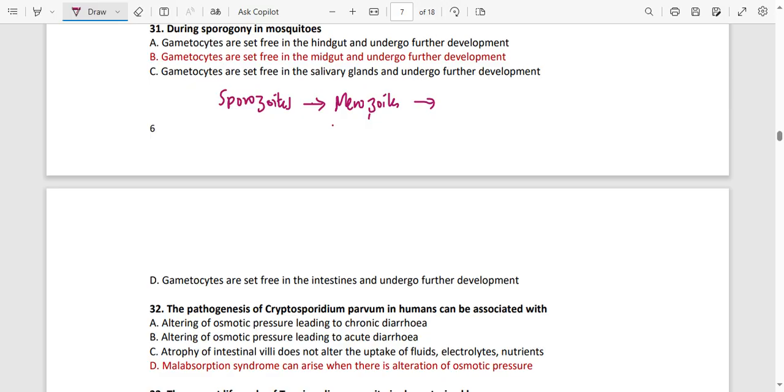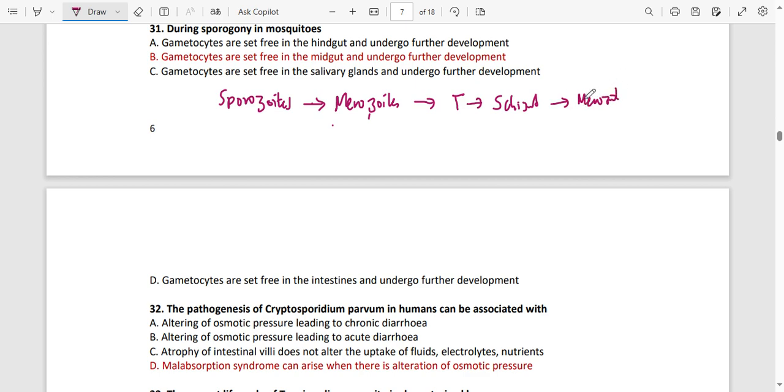When the merozoites are released, they are going to change and form trophozoites. When they form these trophozoites, they are again going to form a schizont. Remember earlier on, the merozoites were also released from a schizont. These schizonts, later they are going to form again merozoites.